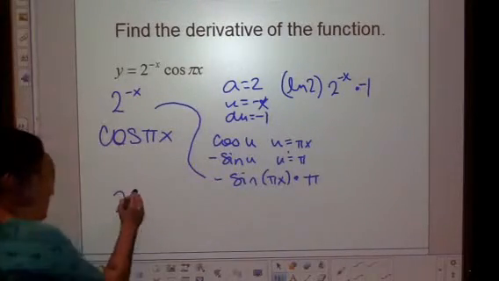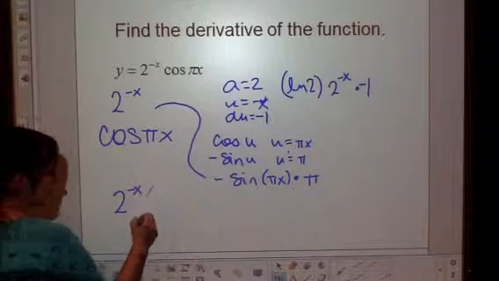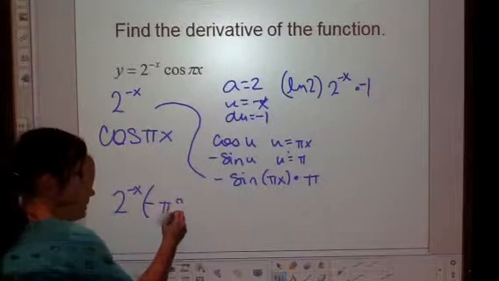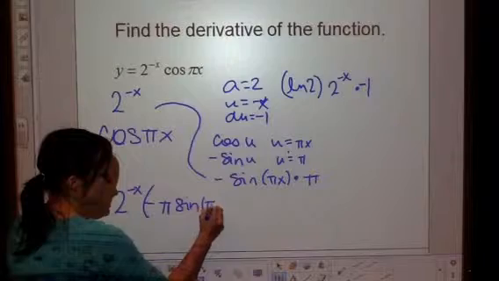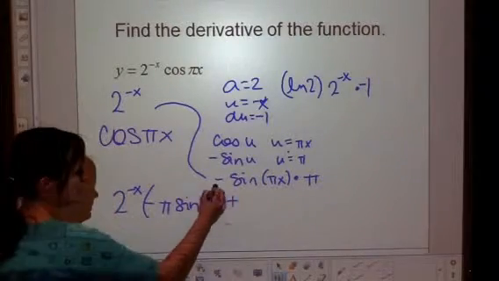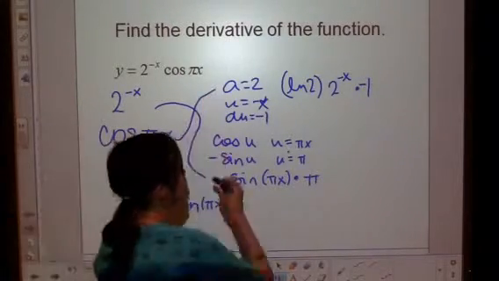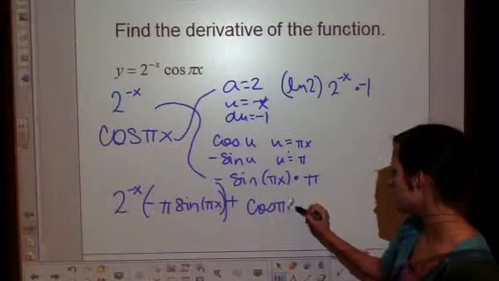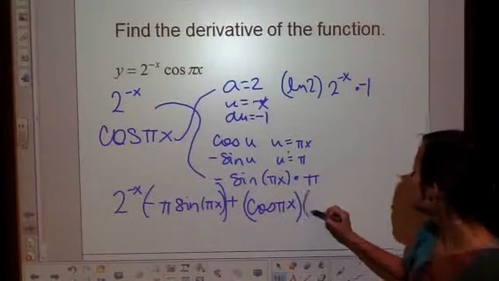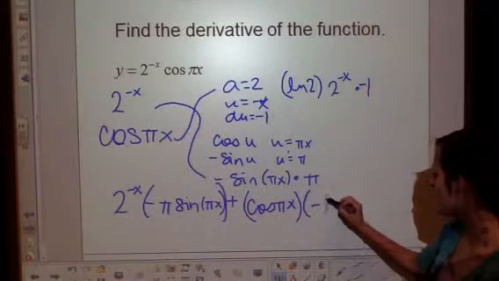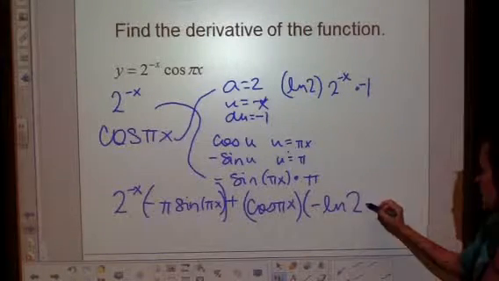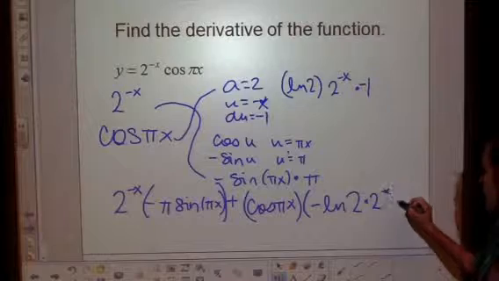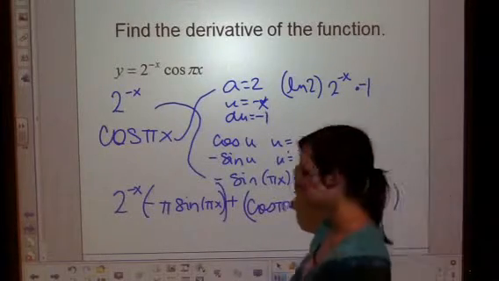So we got 2 to the negative x times negative pi sine pi x plus crisscross here. We got cosine pi x times, I'm going to put the negative out in front, negative ln 2 times 2 to the negative x. Fun times.